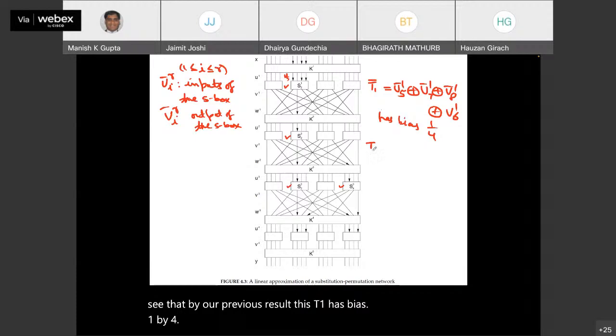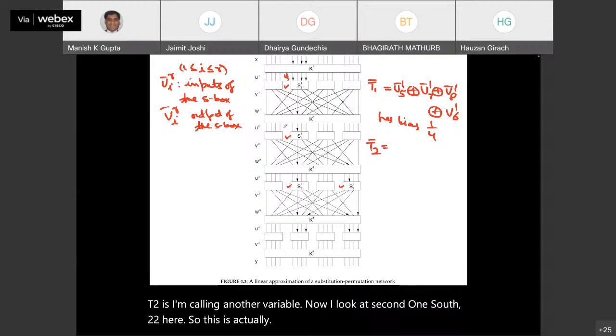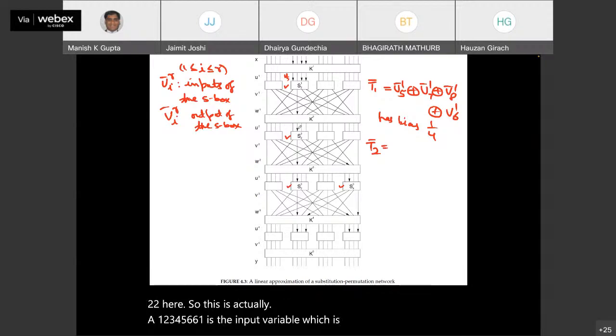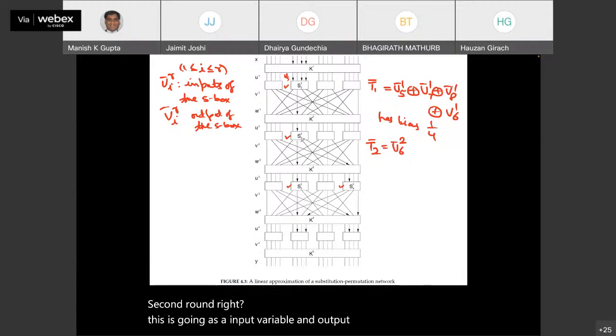Similarly, we can compute T2. T2 is another variable. Now I look at the second one, S22 here. This is 1, 2, 3, 4, 5, 6. 6 is an input variable which is going here. So this is U62, the second round input variable, and the output is one here and one here.